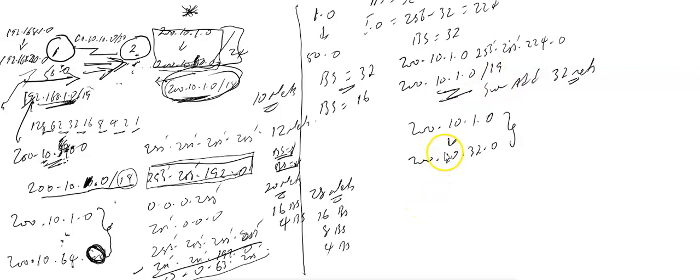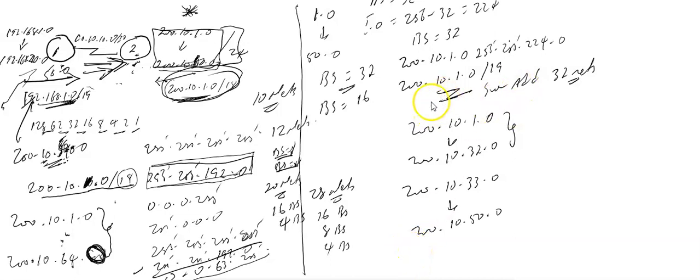So what do you have left? You have 200.10.33.0 to where? 200.10.50.0. So we are not going to use the second block size now.